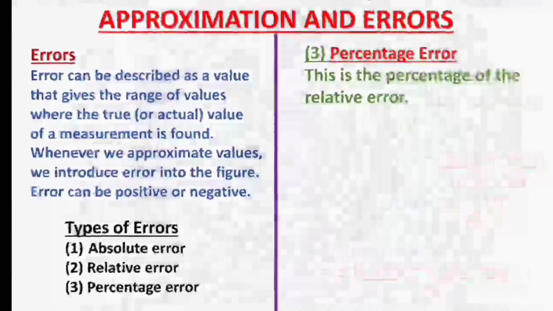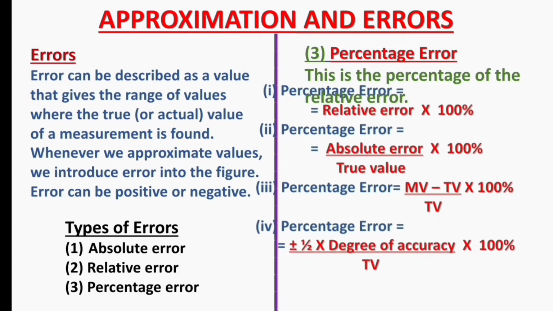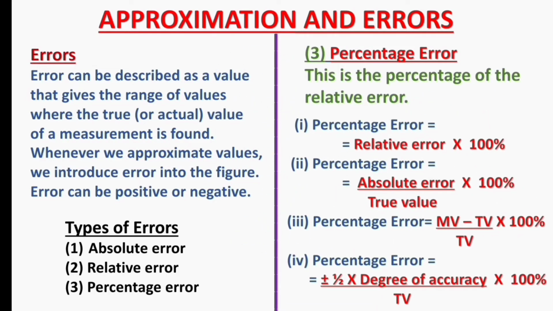Looking at the third type of error, number three, percentage error. Percentage error is the percentage of the relative error. The formulas for percentage error are as follows. Number one, percentage error is equal to relative error times 100%. Number two, percentage error is equal to the absolute error divided by true value times 100%.